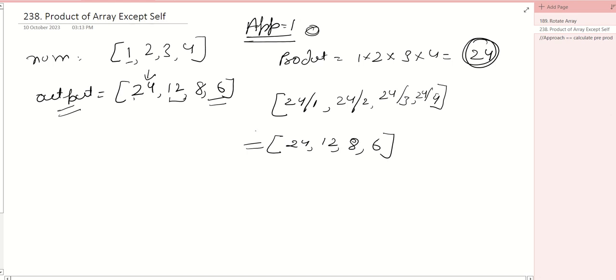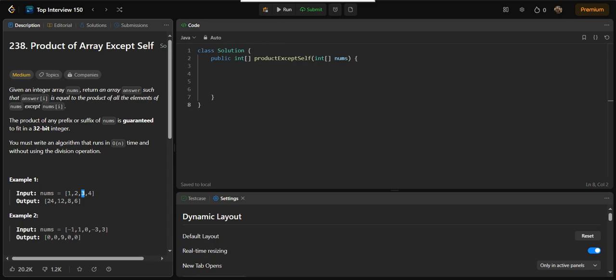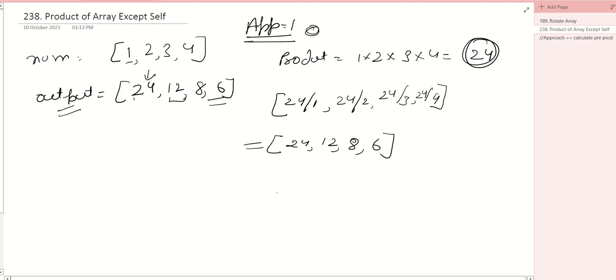Now this approach is feasible, but let me go to the question once again. If you see the question, they have clearly mentioned that you must write an algorithm that runs in order of n without using the divide operator. If you see, we were using the divide operator.